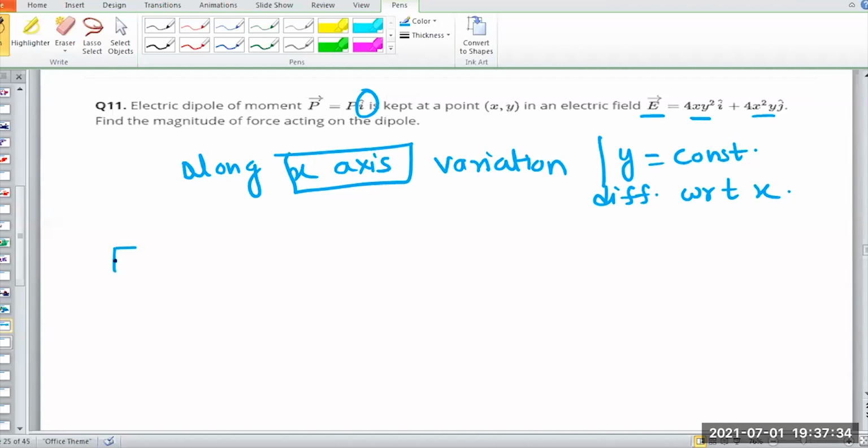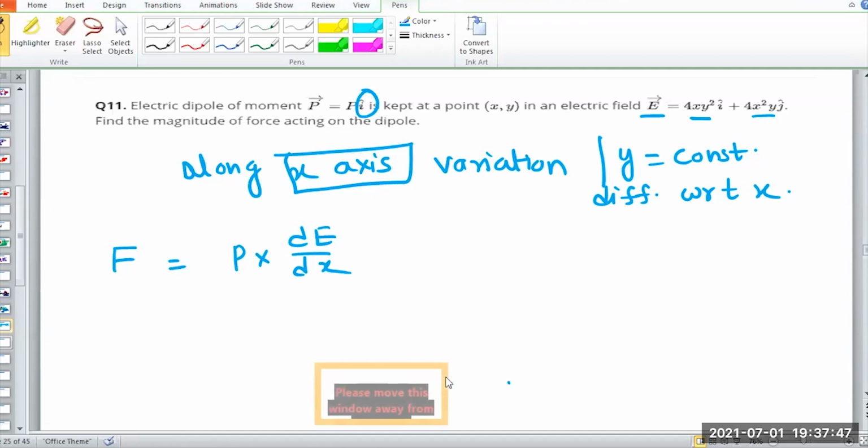So if I have to find the force, F is given as P into dE by dx.